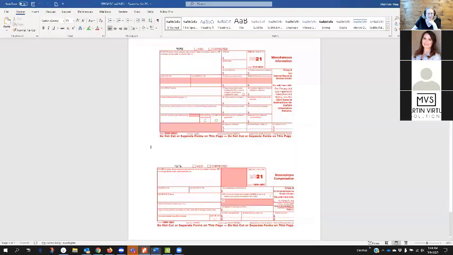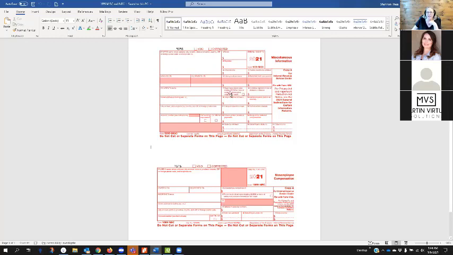All right, so this is what the 1099 miscellaneous form looks like. Box 7 is replaced with direct sales of $5,000 or more. This affects people who sell a lot of wholesale to vendors.